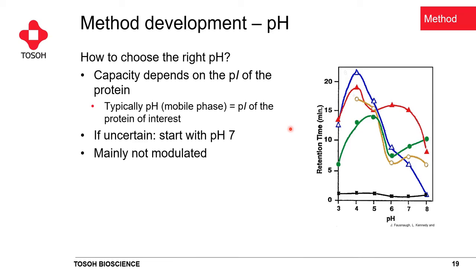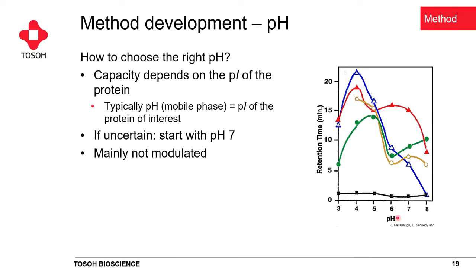Now, when does it make sense to actually look at the pH and when does it make sense to change it? This is something that we see here, where we have a mix of different analytes that elute at different retention times when changing the pH.